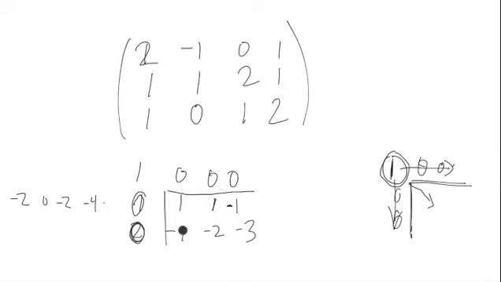Let's airdrop down just by adding this row down to this row right here. Pick it up, multiply it by 1, and add it down. Adding these together gives us a 0 here. Adding this gives us a negative 1 right here. So 1 and negative 2 would be just a negative 1. And then negative 1 and negative 3 becomes a negative 4 down there.